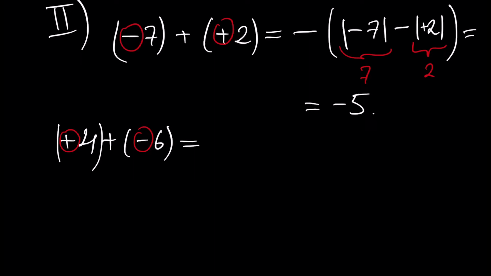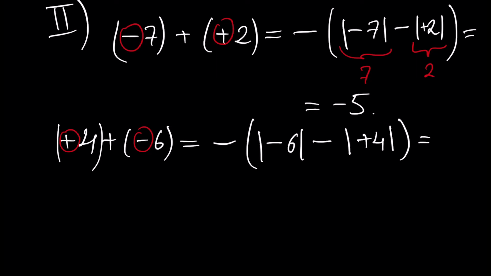We prefix the sign of the number with bigger absolute value, which is minus 6, so this is minus, and the difference of absolute values will be 2 because this is the absolute value of minus 6 minus the absolute value of plus 4. This is 6 and this is 4. 6 minus 4 is 2, and the answer will be minus 2.